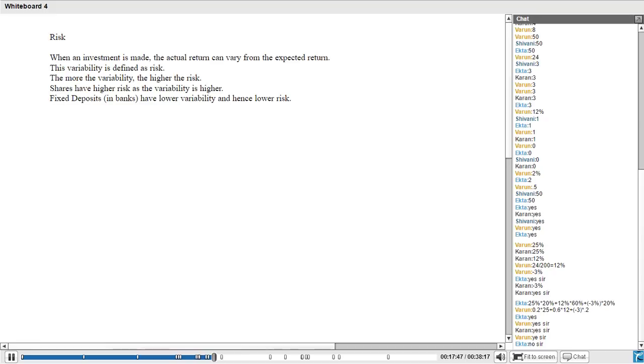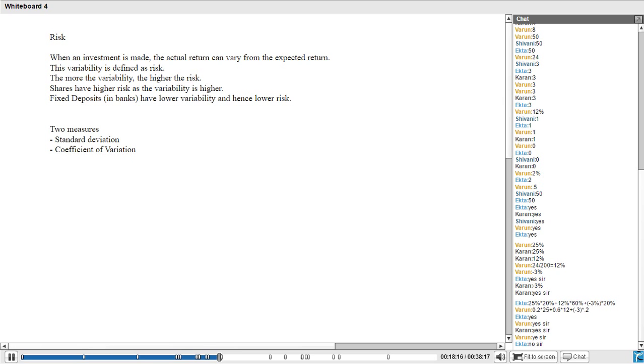There are two measures of computing risk. One is called standard deviation and the other is known as coefficient of variation. So there are two measures of risk that we will study, the first being standard deviation and the second being coefficient of variation.